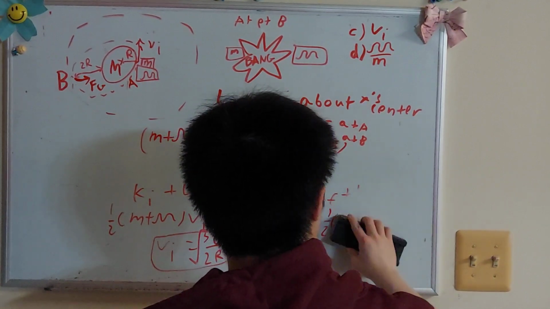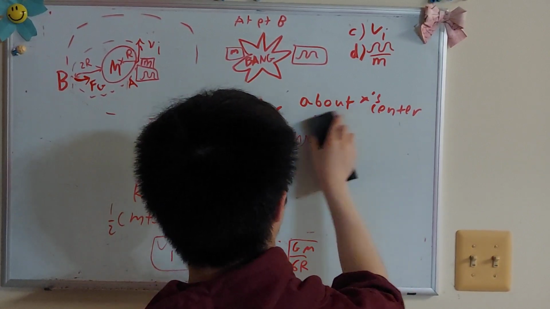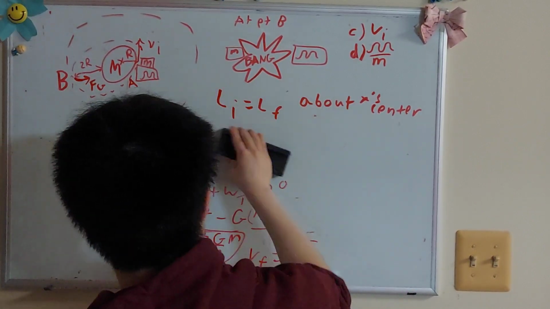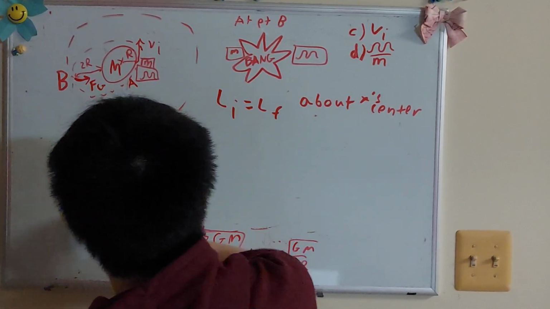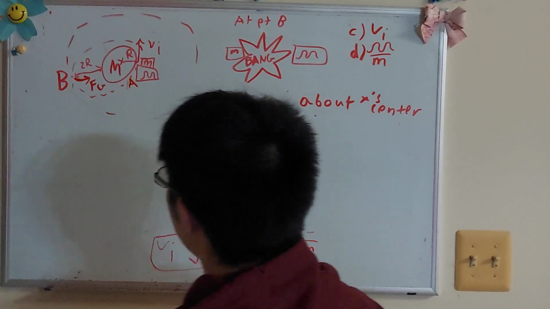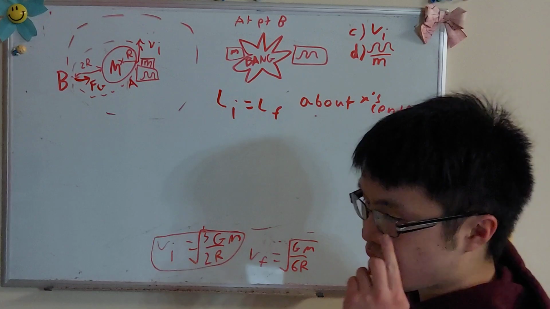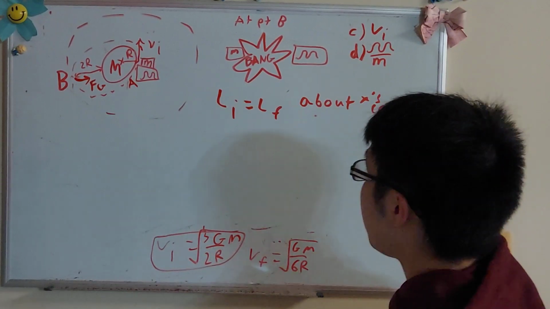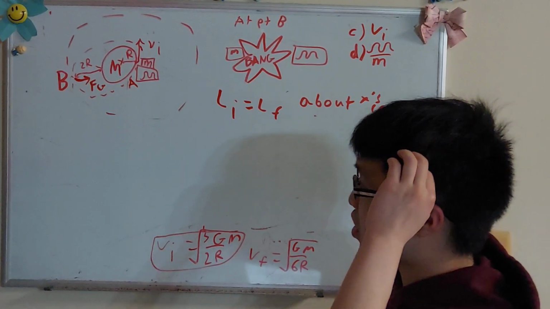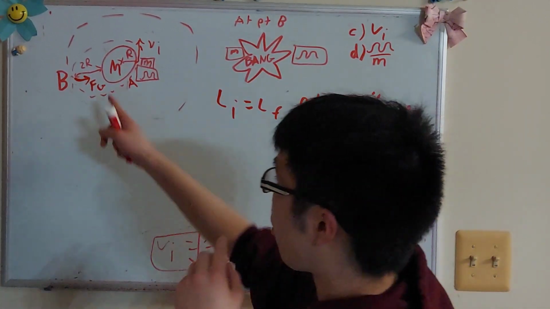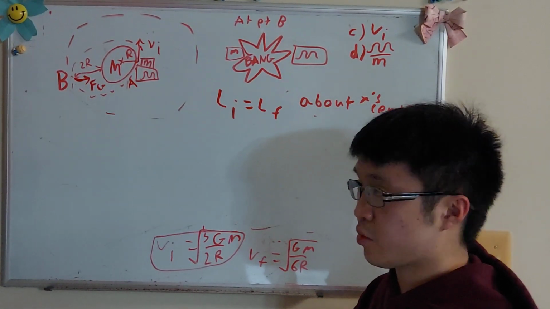Part D asks us to find the ratio between the rocket's mass and the mass of the satellite. To find that, we can realize that the final velocity that the satellite needs to be going at after the explosion needs to maintain centripetal motion at an altitude of 2r, a distance 3r from the center of its circular motion.